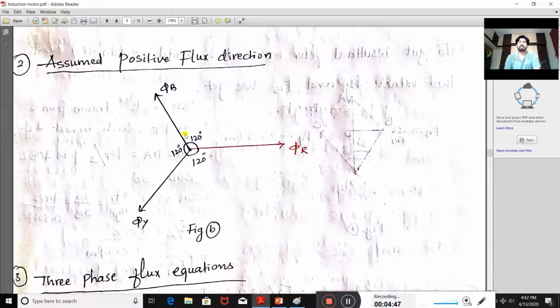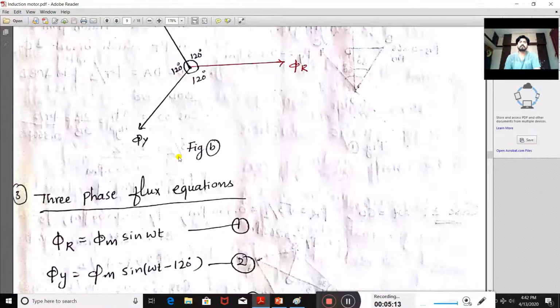In a similar way, phi y has this positive direction, and you can draw the negative direction in this way, and phi b you can draw in this direction, opposite to the positive value. So you can draw the positive as well as negative flux direction. But right now I have considered the positive flux direction, and there exists a 120 degree phase relationship.